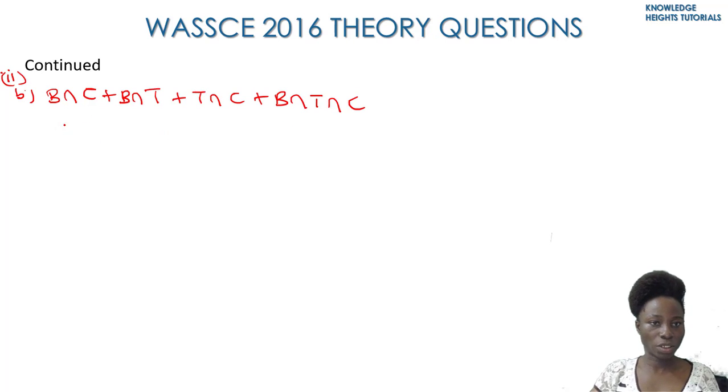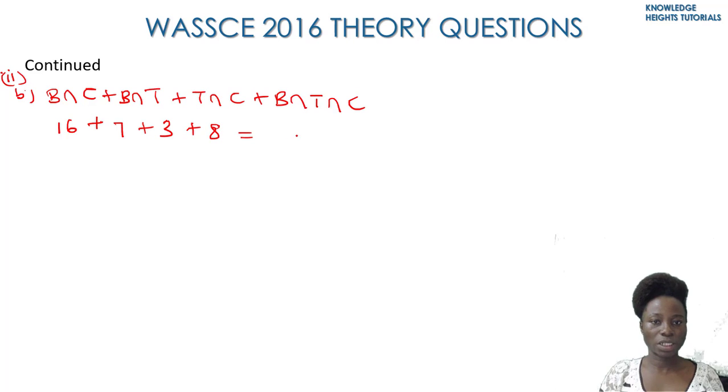It is X, which is 16, plus B intersection T is 7, plus T intersection C, which is 3, plus B intersection T intersection C, which is 8. Let's add up and see. 16 plus 7 will give us 23, plus 3, 26, plus 8, 34. So these are the number of people who traveled by at least 2 means. Thank you.